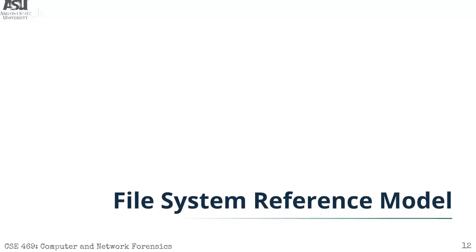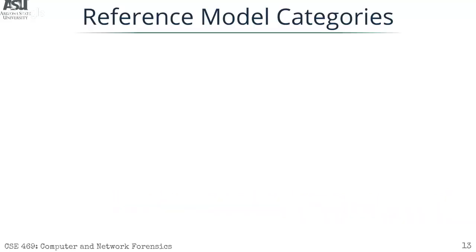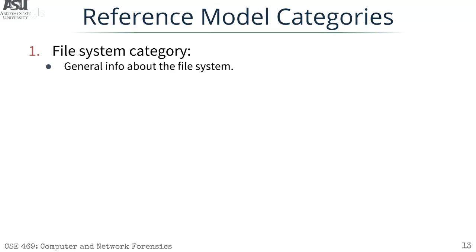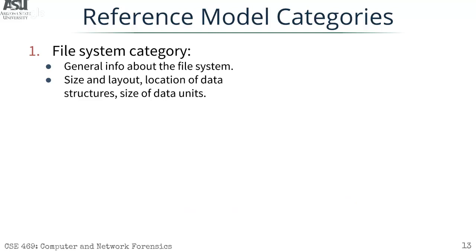So here is the model, and this is all from the File System Forensics textbook, great book. There are a few different categories in this model. First is the file system category. That might seem redundant, but it's not, because the file system category gives you general information about the file system, such as the size, layout, location of data structures, and the size of data units.